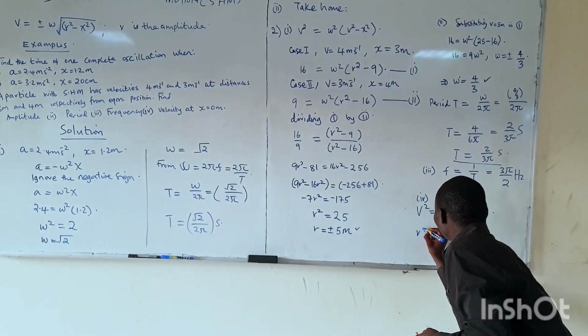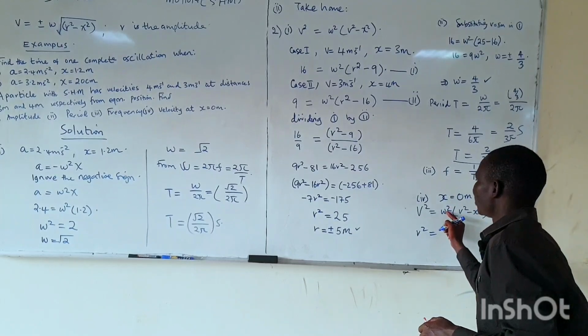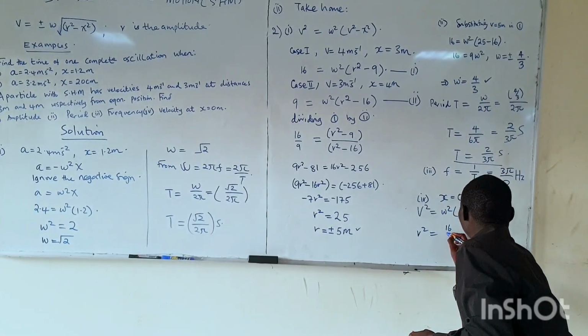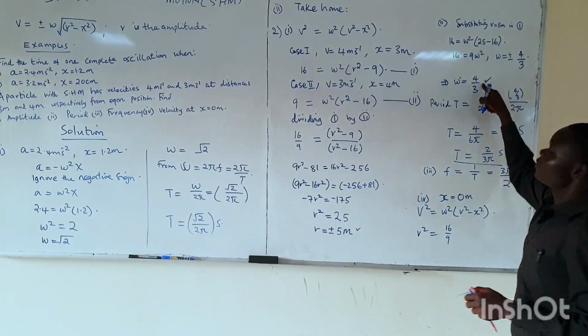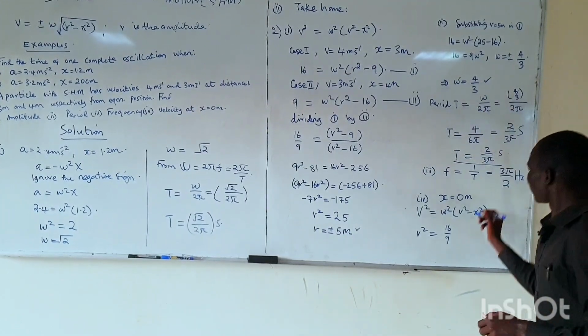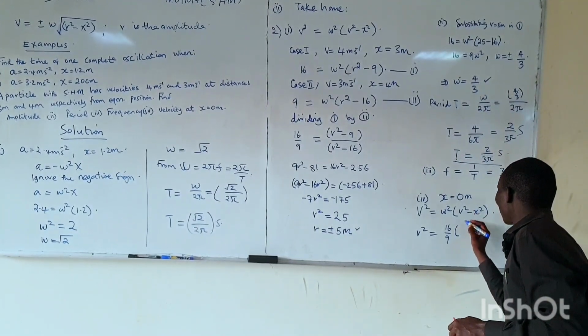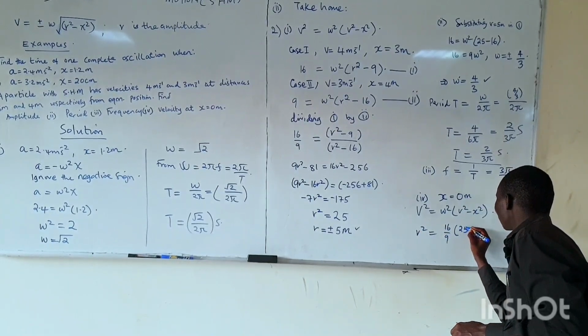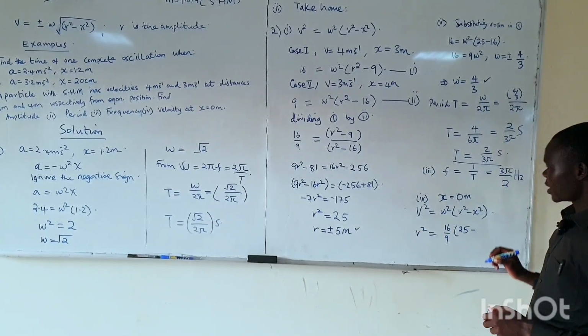So v squared is equal to mu squared, so we shall have 16 over 9, obviously after squaring this one, into bracket r squared. Remember, r is equal to 5, so we shall have 25 minus x squared.